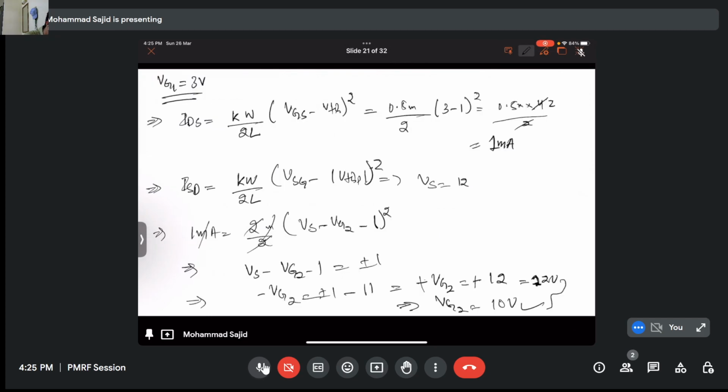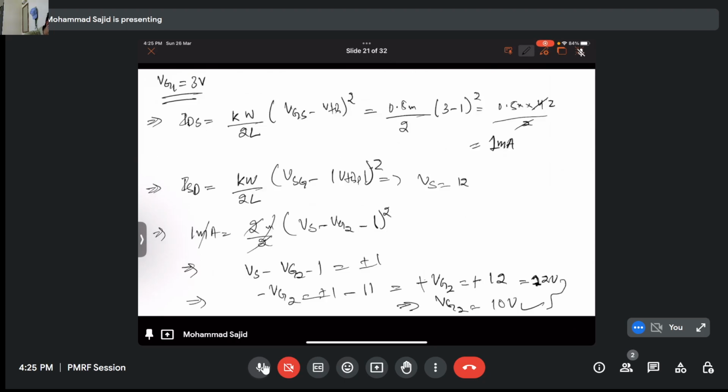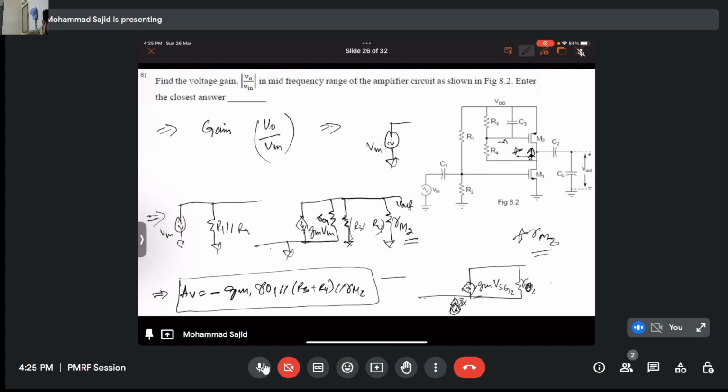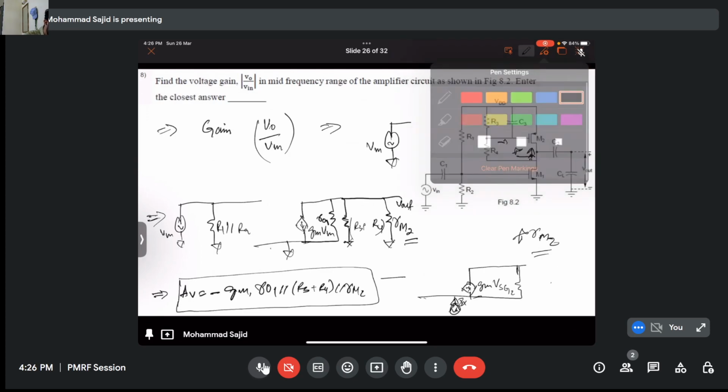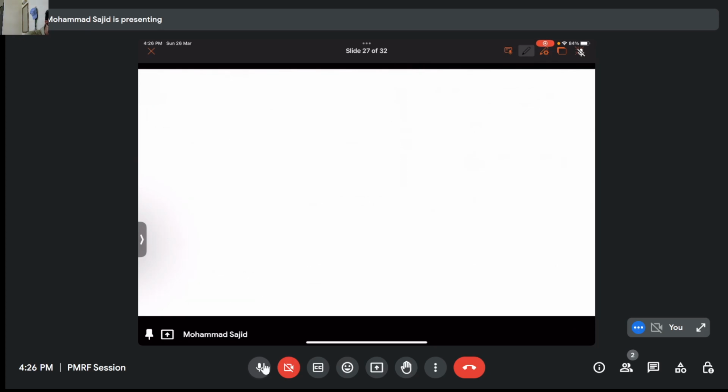R4 we calculated, okay, 84 kilo ohm, right? So do this as an exercise, and if you have any questions, you can always ask. To find RO1 and RO2, just use this formula. This you have already calculated. This is your current, that is your 1 milliampere. You can easily find RO1 and RO2 because lambda are also given.